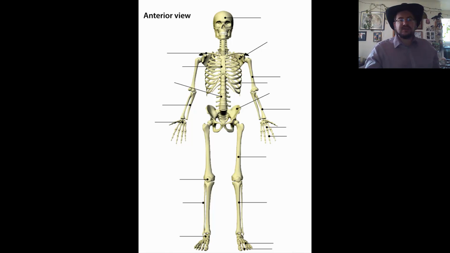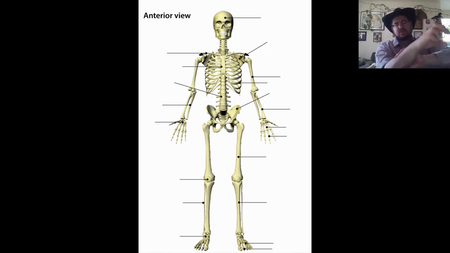This next line is pointing to the ribs. Actually, 3 different kinds of ribs, but I'm just making you know ribs. Then here we have the radius. So, radius, if you're trying to remember, it's the bone closest, when you feel the 2 bones in your forearm, it's the one on the thumb side. That's the radius.